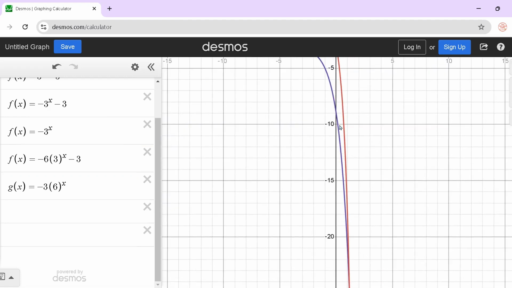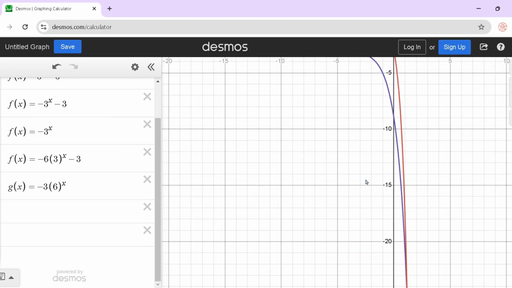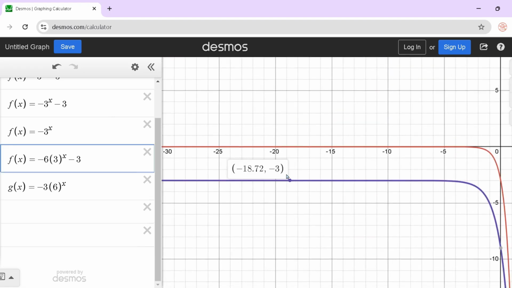They go on forever. They keep getting lower and lower and lower, and they're going to do that forever. There is no limit. There is no minimum. There's not even a maximum, because it approaches negative 3 and it approaches 0, but it never hits it. It's always getting closer and closer. So these exponentials don't have minimums and they don't have maximums.